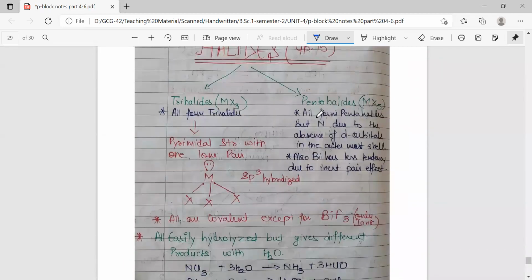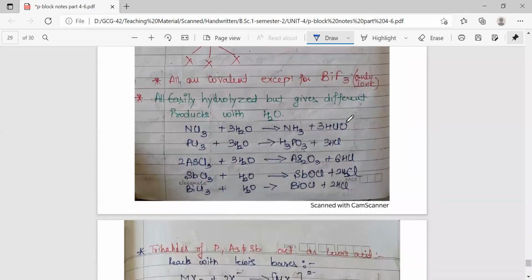Also, pentahalides are possible, and all form pentahalides except for nitrogen. Due to the absence of d orbitals in its outermost shell, nitrogen can never be pentavalent. Also, bismuth has less tendency to form pentahalides due to the inert pair effect, because the ns2 electrons don't want to participate in bonding when we move down the group.